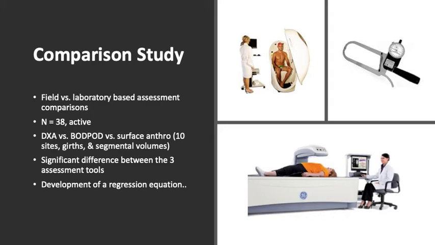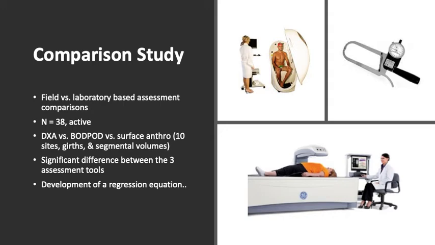As we know, each of these techniques is extremely different, and they report percent body fat and lean mass differently. So it's very hard to compare the results of these three types of measurement. In this study, we wanted to compare field versus laboratory-based assessments. We recruited 38 active individuals who exercised at least 4 times a week.